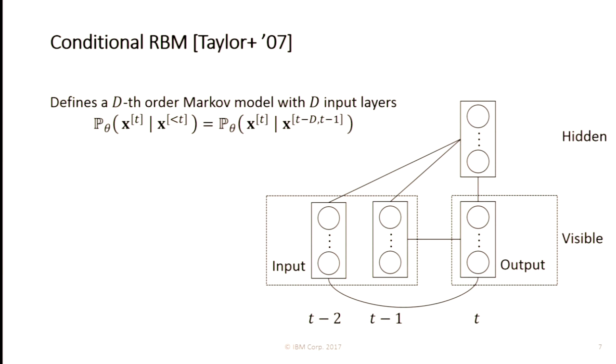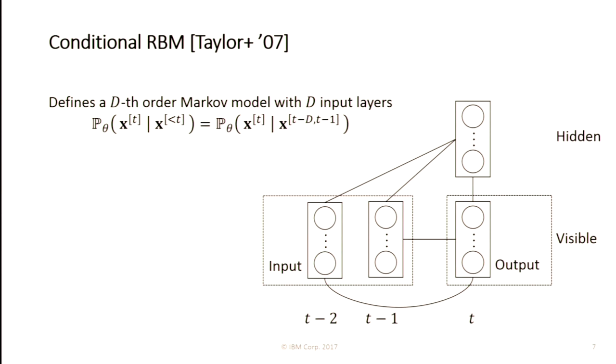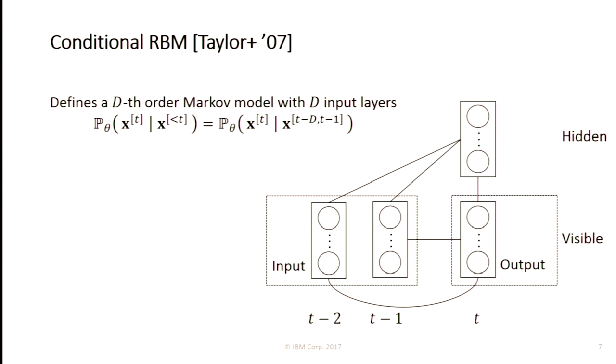The input part is given, and it usually represents some past observed patterns: the observed pattern at time t-1, the observed pattern in the previous step, and so on. What you want is to model a distribution of the output pattern, which is your next pattern, and this distribution should depend on the previous patterns that we have observed.